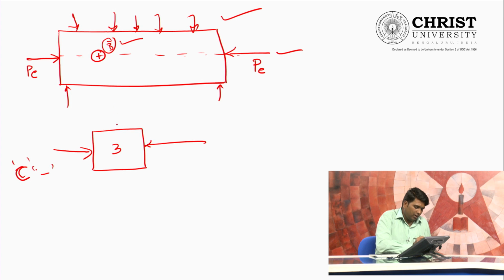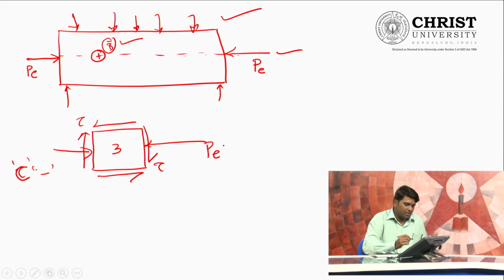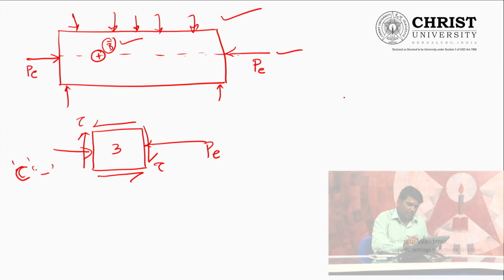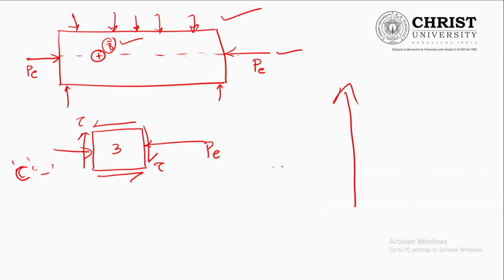On the top face there are no vertical stresses, we have only shear. This is my pre-stressing compressive stress. Let me draw the Mohr circle. This is my normal stress axis, this is my shear stress axis. On the normal axis the right-hand side is positive and the left side is negative; for shear, the top side is positive and the bottom side negative. We know the pre-stressing force is compressive, so negative, but shear is positive.